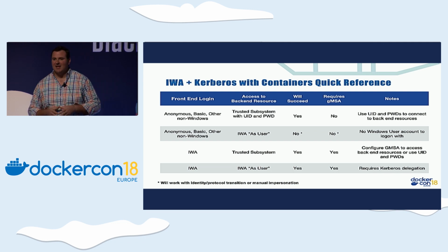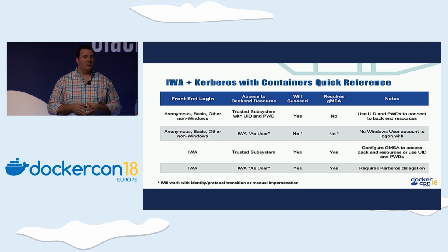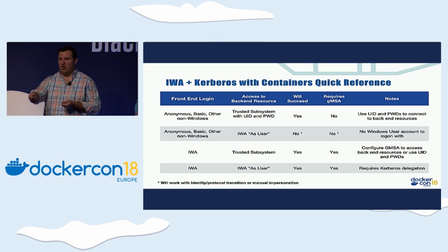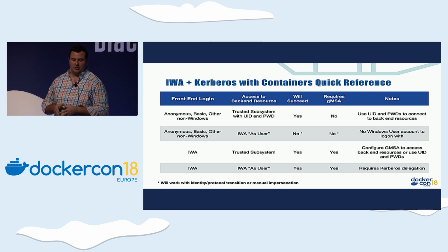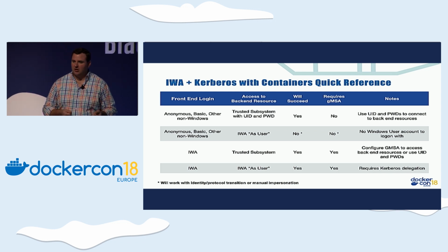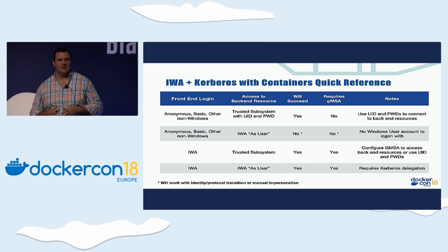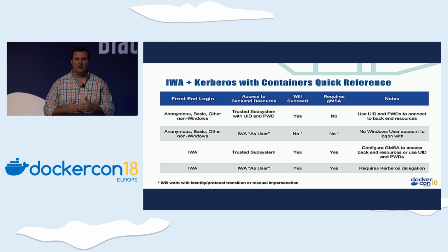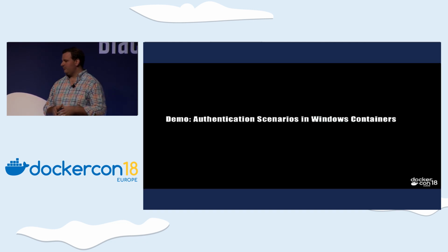But in the second flow, this is that delegation, where the gMSA, the service account, is talking to the database, but as Stephen, as that user that's logged in with that Windows account, and is then able to provide that information. So that's utilizing that Kerberos delegation approach, and is a bit more sophisticated, but as Israel said, gives you more options as far as row-level security for your applications.